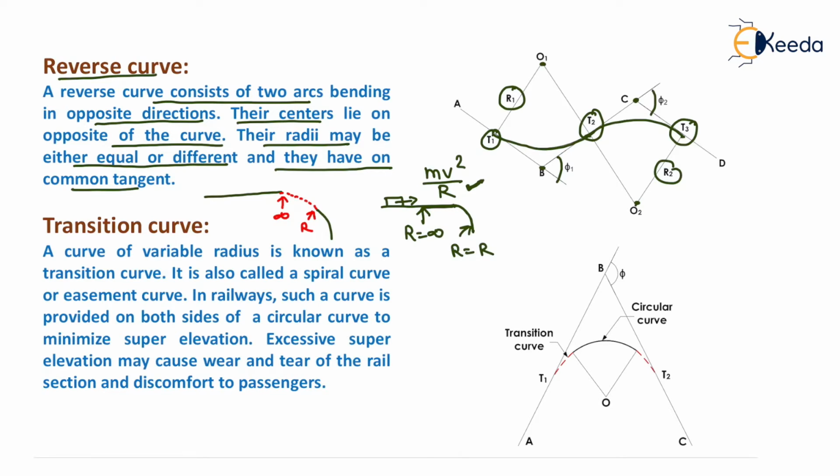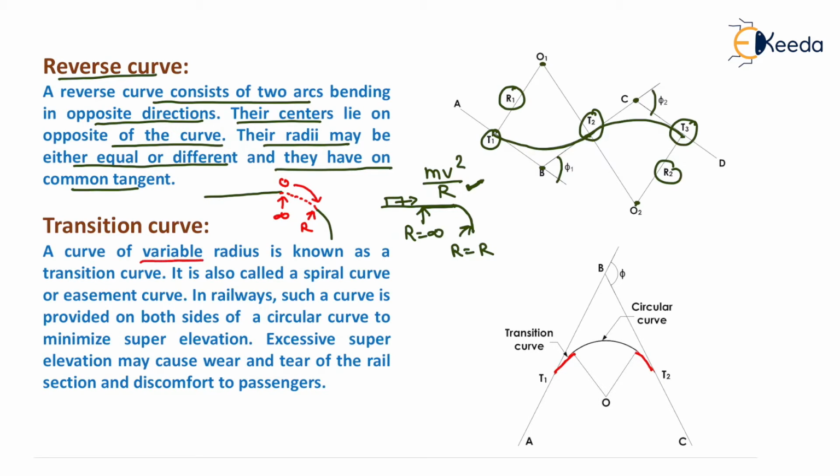Now if we provide the transition curve like this, then the centrifugal force will be introduced gradually from 0 to a higher magnitude. So there will not be overturning of the vehicle. That's why we provide the transition curve which is shown here, that is this transition curve and that is this transition curve.